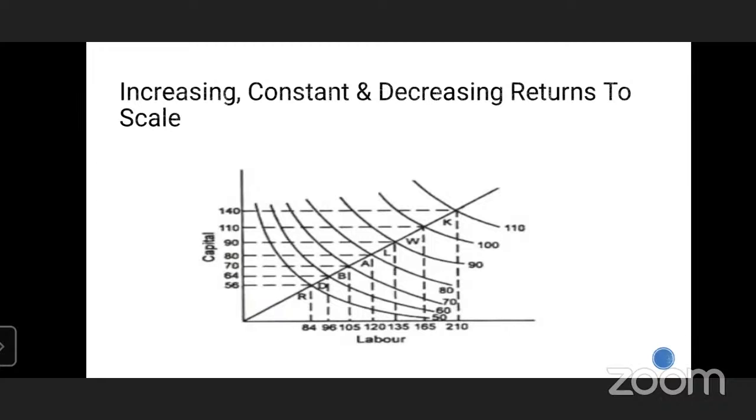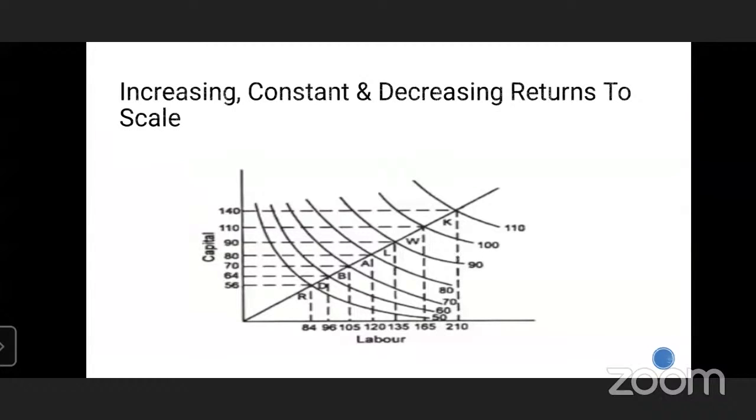We can see that output is increasing at a constant rate, that is 10 units: 50 to 60, 60 to 70, 70 to 80, like that. But the inputs required for it are decreasing. Initially, we took 56 to 64, that is 8 units of capital required at the start. Then again 6 units. Okay.